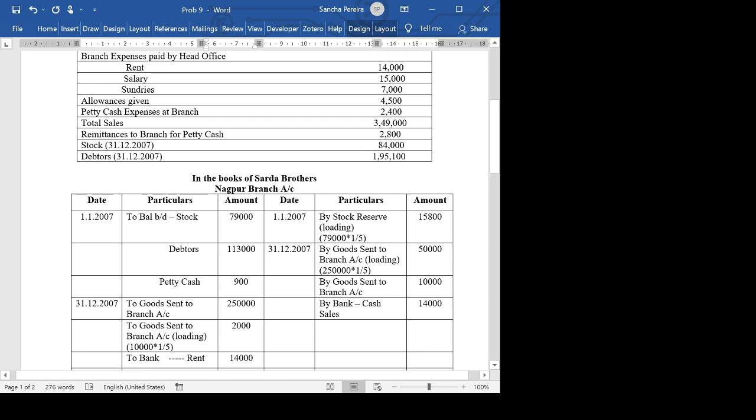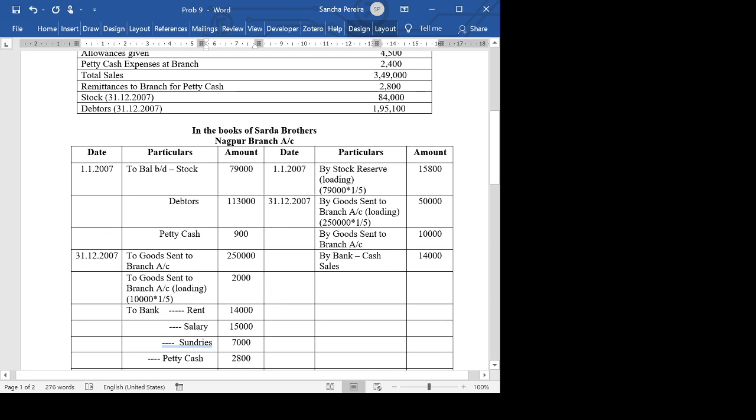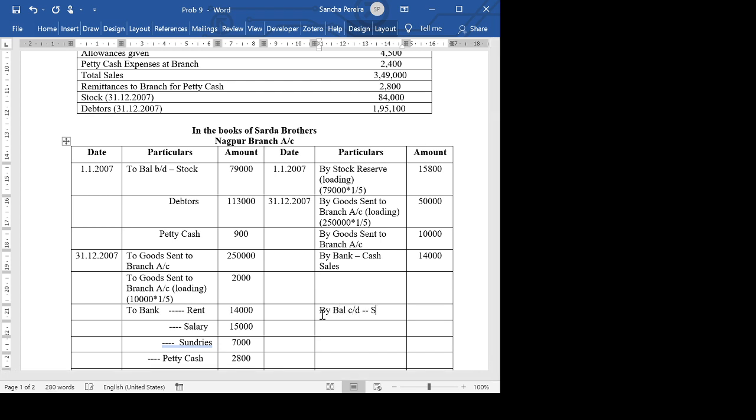And then we have the closings. Remittances to branch for petty cash I've already taken. And then we have the closing stock. I'll leave a line in case there is a loss. So by balance carry down, we have stock, which is 84,000. We also have debtors, which are 1,95,100.